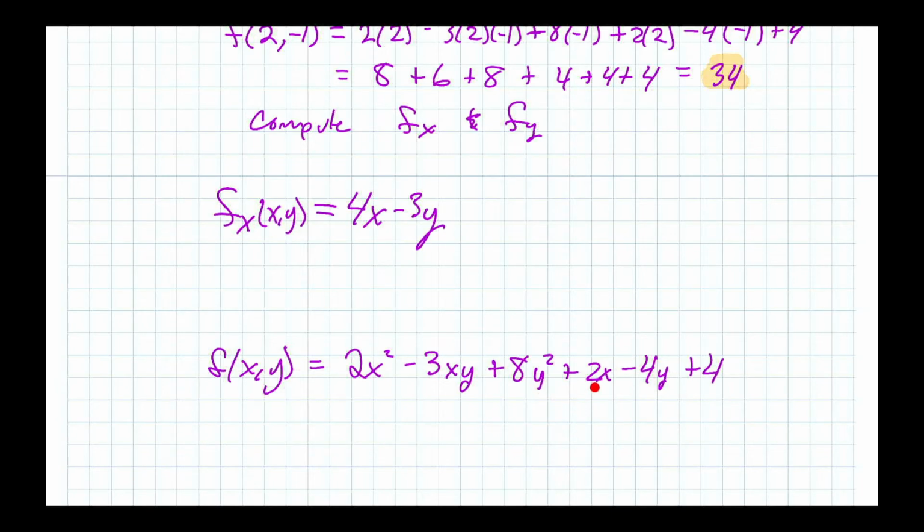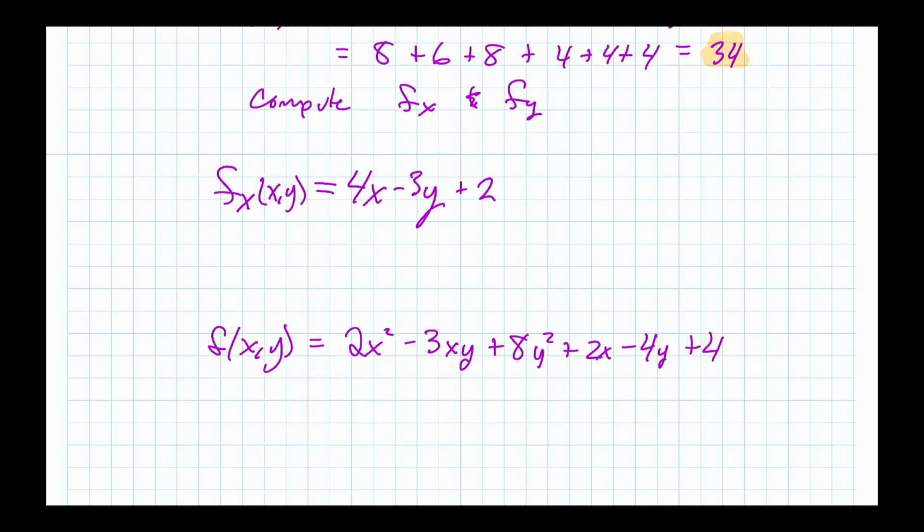Then you have the derivative of 2x, which is going to be 2. The derivative of negative 4y is 0, because again, we're treating y like a constant. And the derivative of 4 is also 0, because it's a constant. So this is what we get. Now we got to plug in our point.